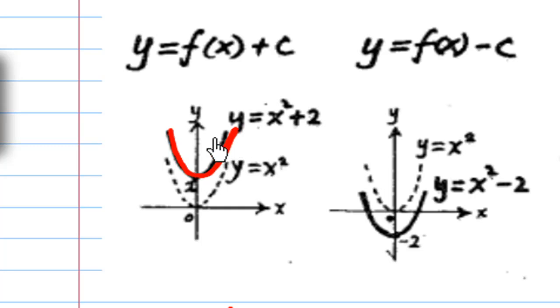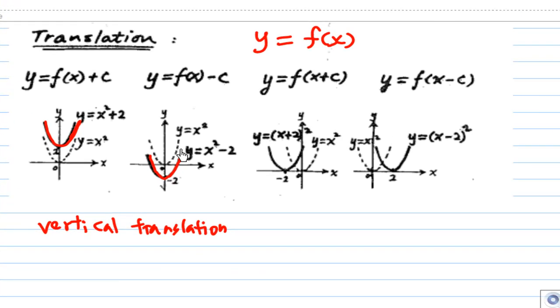How about if you have y equal to x squared minus 2? Then you shift the graph downwards by 2 units and you have this graph here. This is for vertical translation.